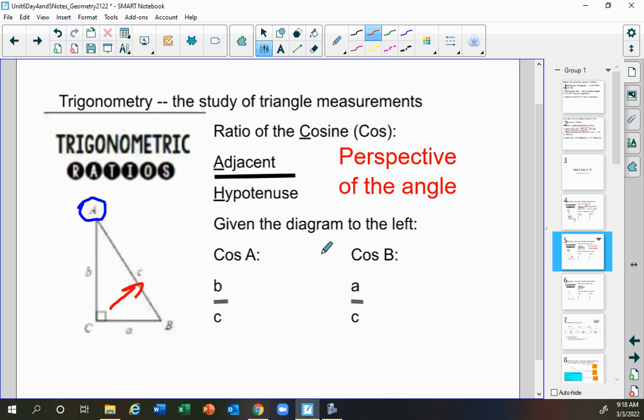But then cosine of A is the side that touches. That's not the hypotenuse. That's the adjacent side. This is your adjacent side right here. So the hypotenuse is across on the right angle. The adjacent side is the side that's not that right angle, but that also touches the angle.